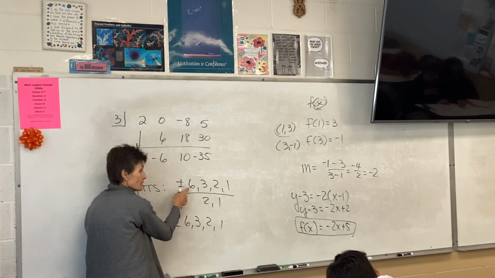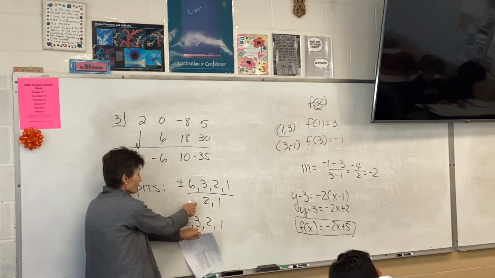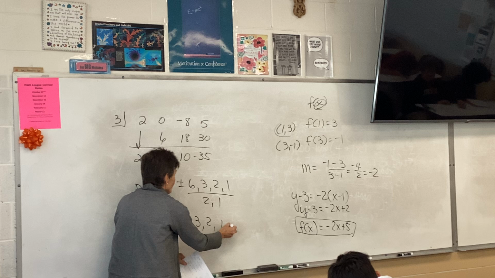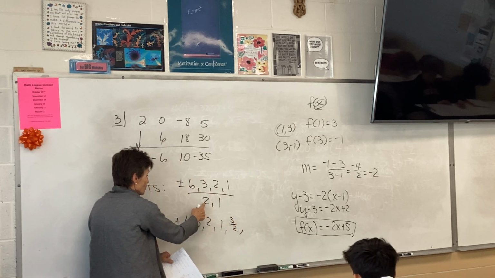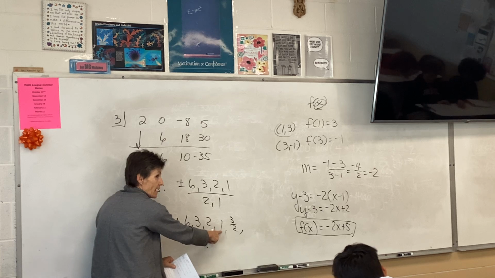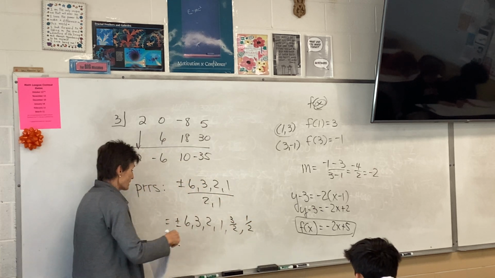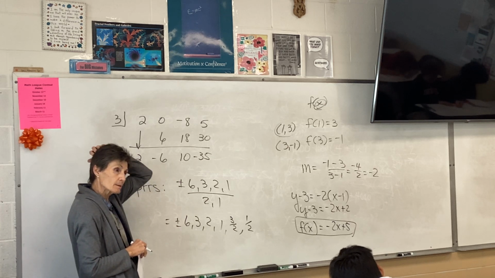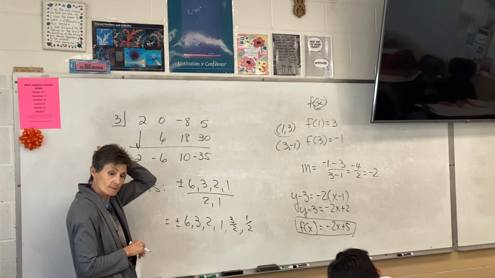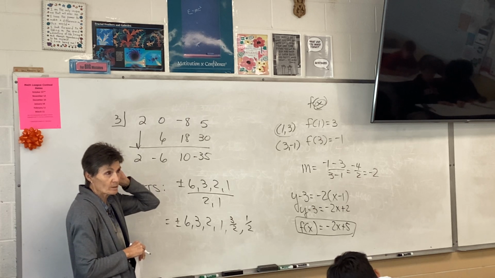Now I have to do 6 over 2, but I already have it. 3 over 2, 2 over 2, already have it, and 1 over 2. So there is the list, plus or minus all of those numbers. Did you follow that? It's a quiz question.